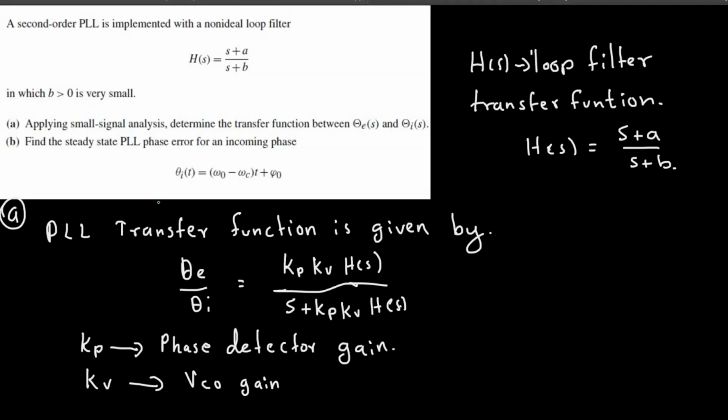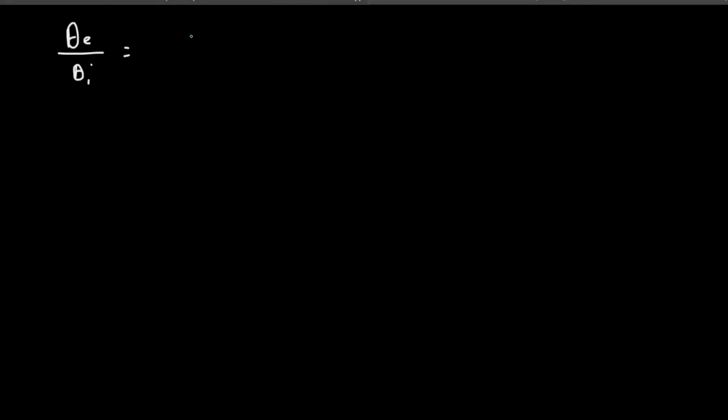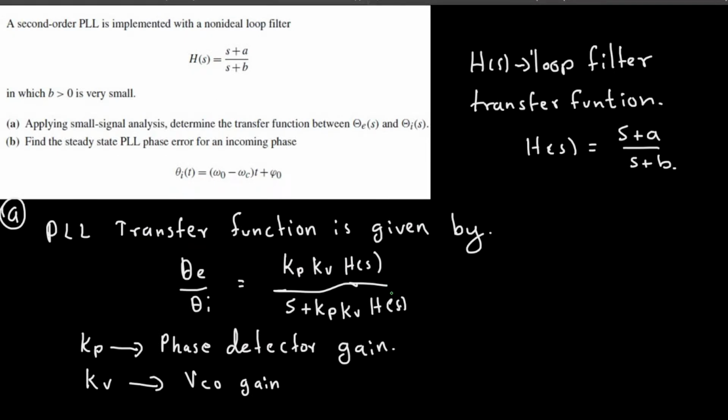So let's copy the equation. We have theta e over theta i, that is equal to Kp Kv, and instead of h of s I can plug this one right here, that is s plus a over s plus b.